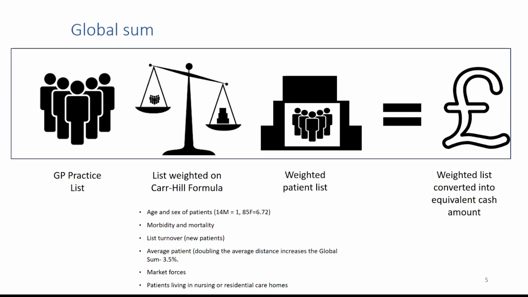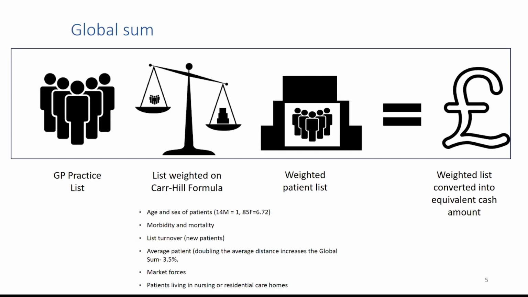So here you have things like the Carr-Hill formula, where you use a weighted formula for your patient list. And it's been criticized essentially for not sufficiently, in this day and age, taking into account the impacts of deprivation. The most influential factor for the Carr-Hill formula is the age-sex distribution of your patients.